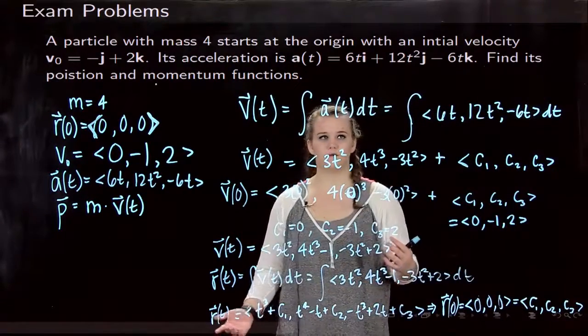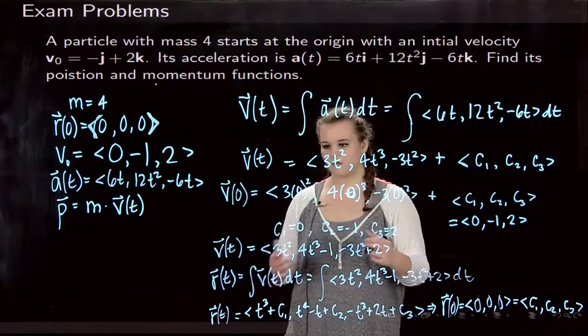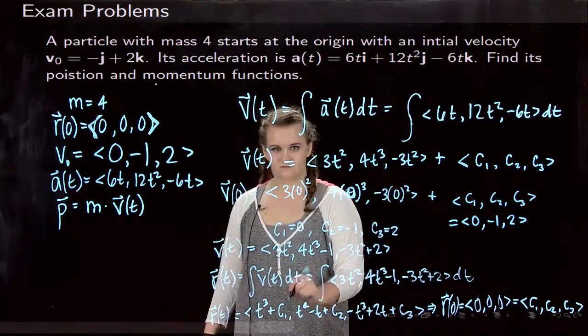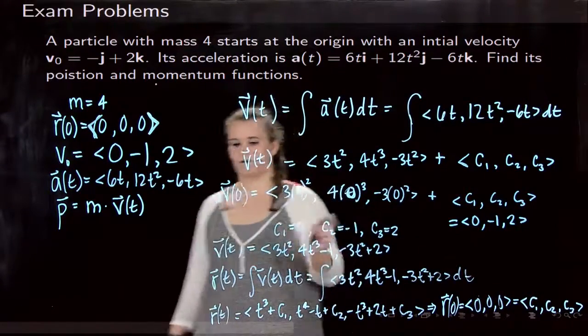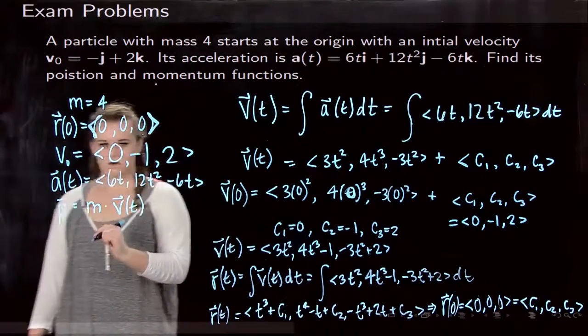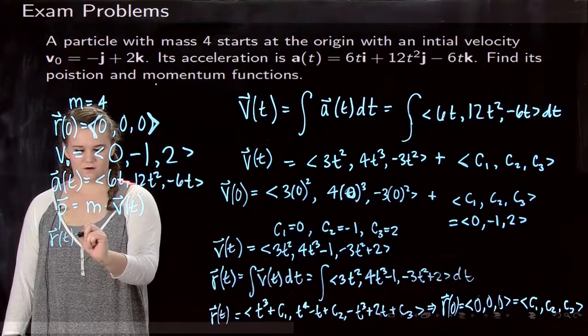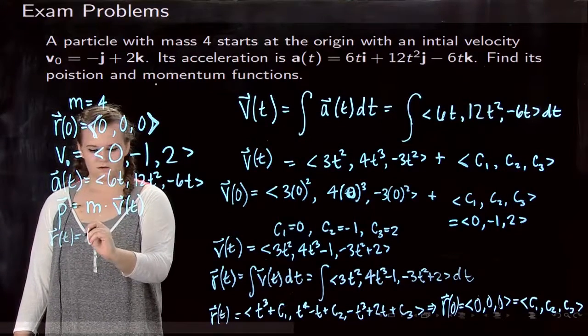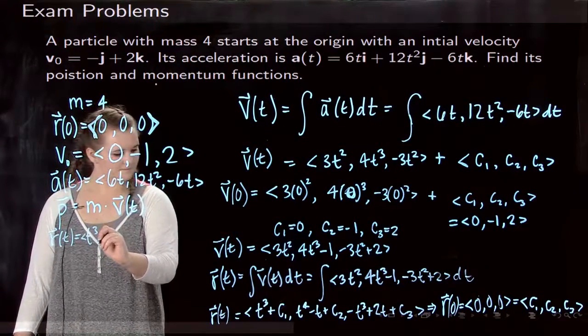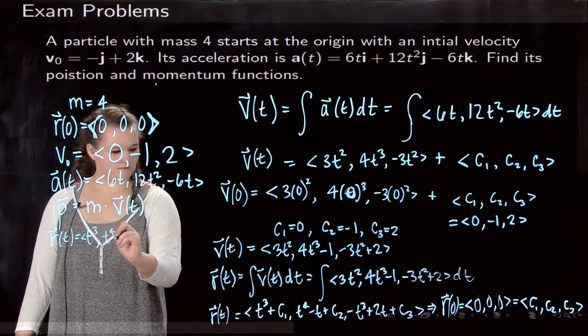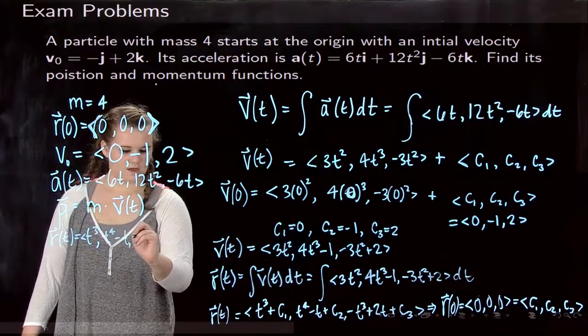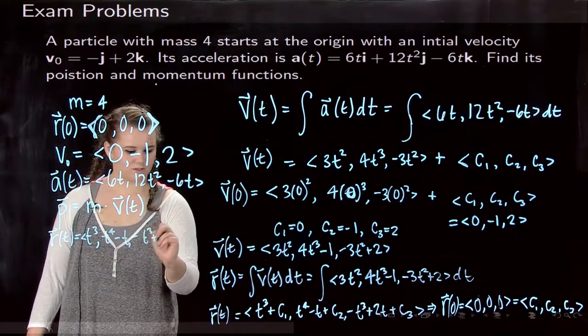So our total position function, with our constants of integration, is going to be, and I'm going to write it over here because we're going to need it for the next part, r of t ultimately is t cubed, t to the fourth minus t, and negative t cubed plus 2t.